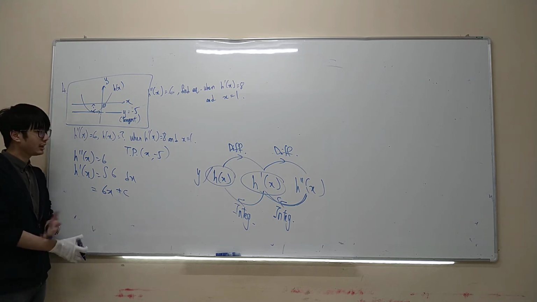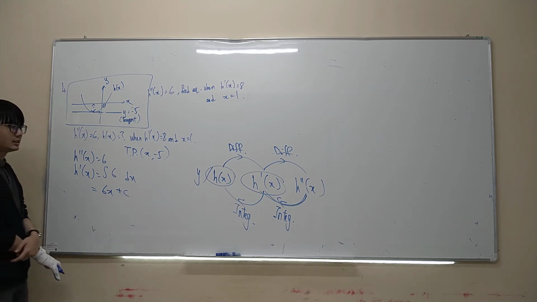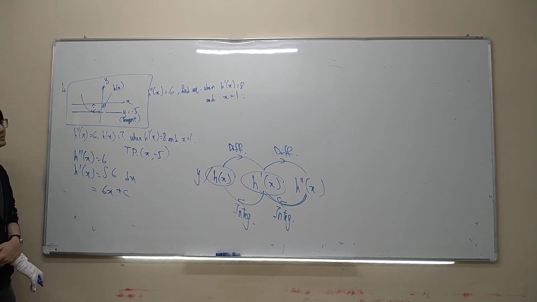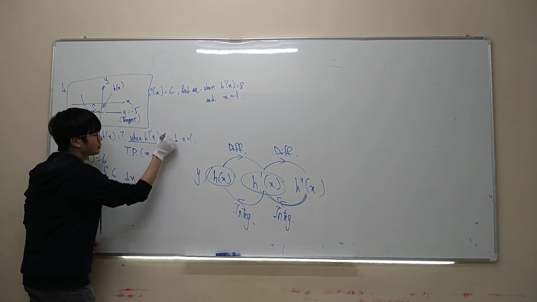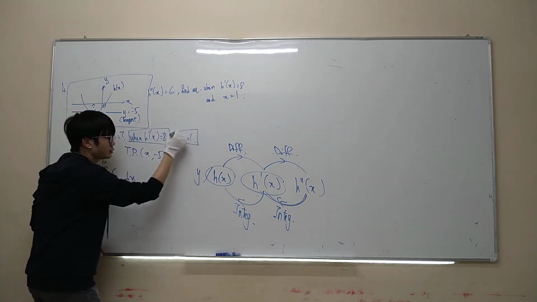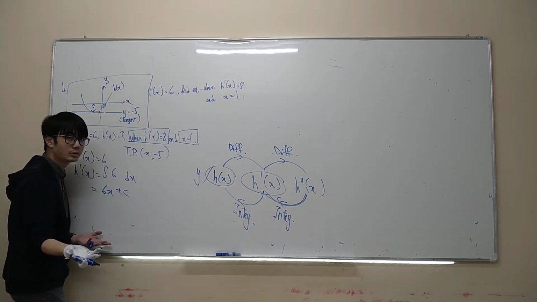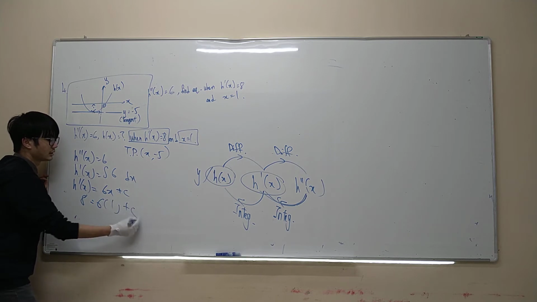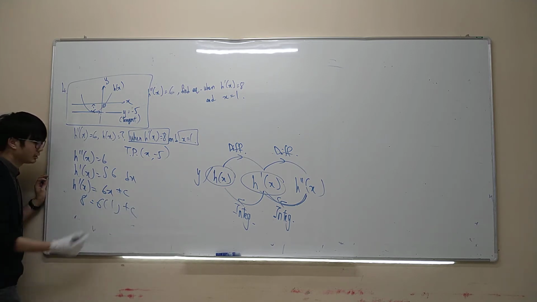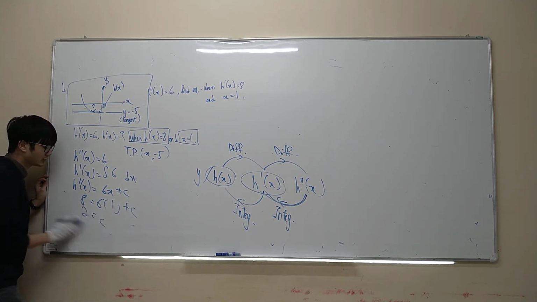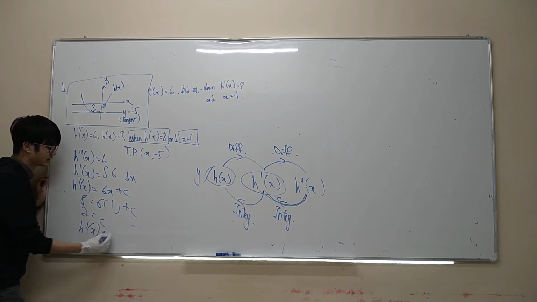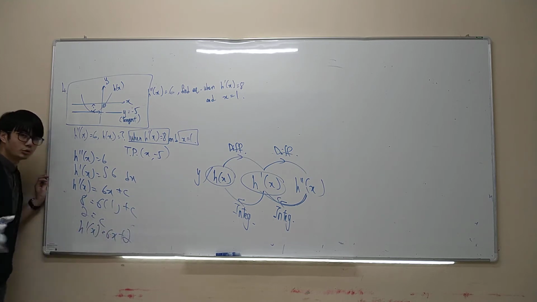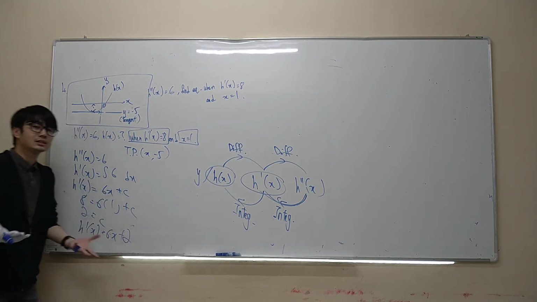How can I find the c? When h prime x equals 8, x equals 1. So 8 minus 6 is 2. So h prime x is 6x plus 2. But this is not what the question asks to find.